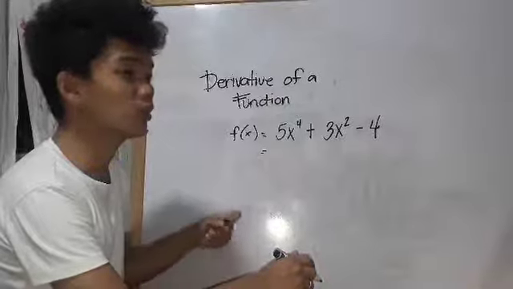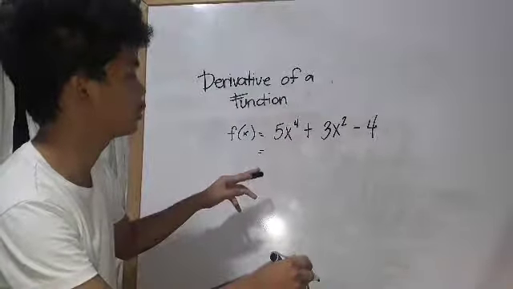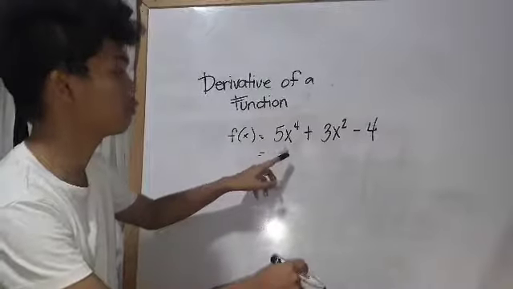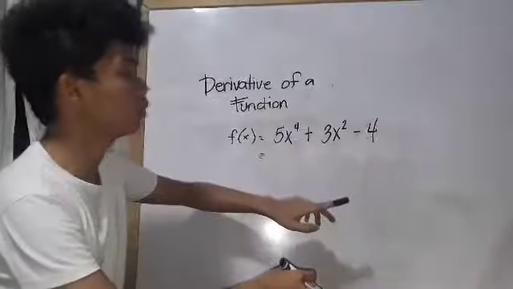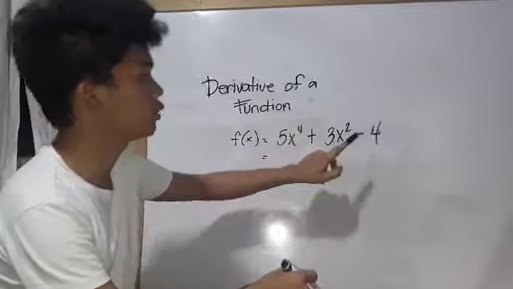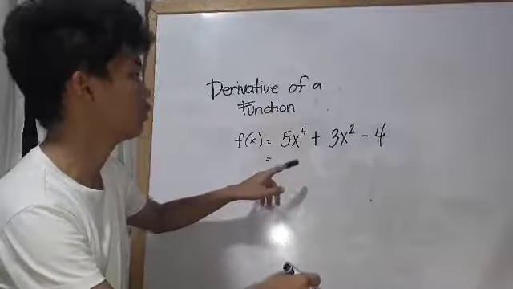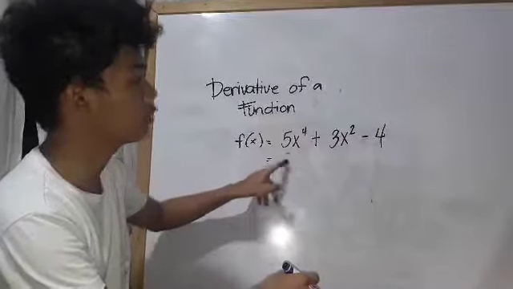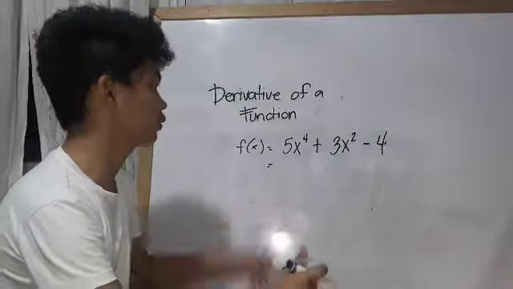Okay, so as we have discussed earlier, we have a function f of x is equal to 5x to the 4 plus 3x squared minus 4. So let's first get the derivative of this whole equation using the sum rule. And to get the derivative of each term, we need to use the product rule.